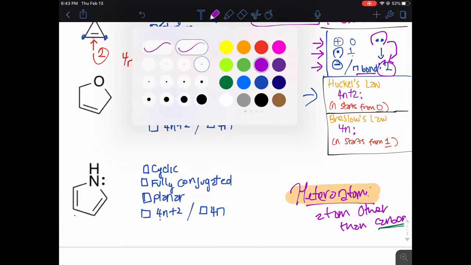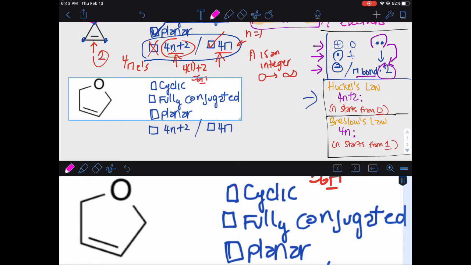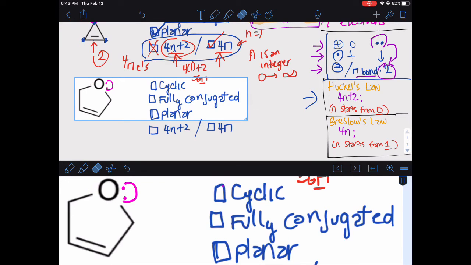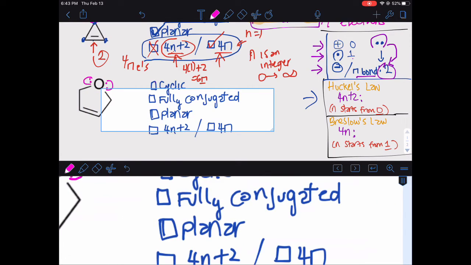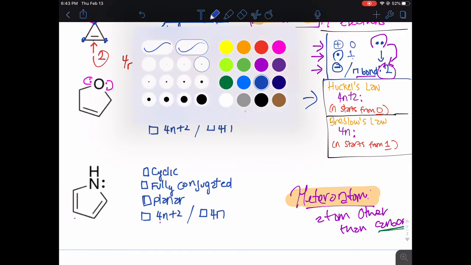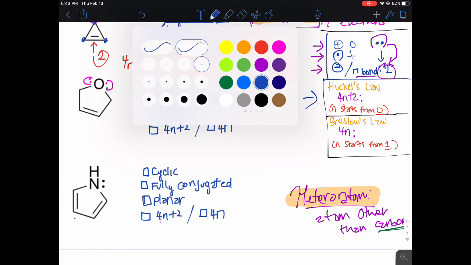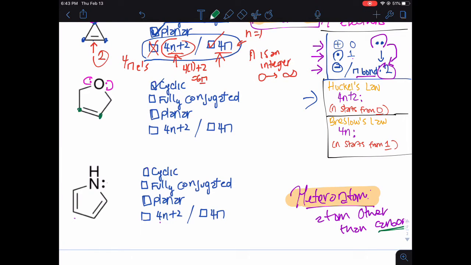Whenever you come across a structure that has heteroatoms that have lone pairs, you want to go ahead and draw those in to start. So we know oxygen has 2 lone pairs. So let's see, is this structure cyclic? It is. Is it fully conjugated? Let's see. We have a carbon here, a carbon here, a carbon here, a carbon here. These 2 carbons are conjugated.